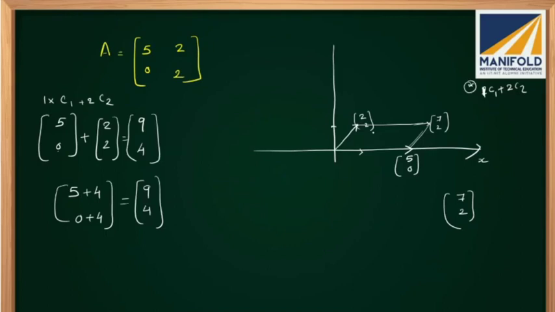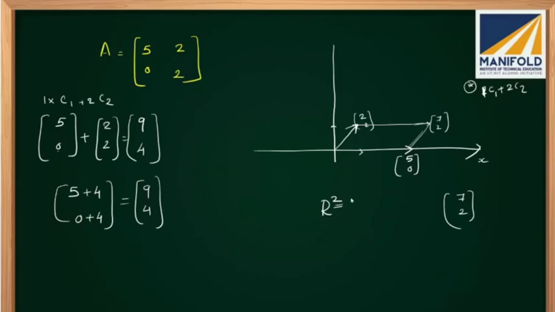It is very easy to understand once you know that different weighted sums of these two vectors will reach you to any particular point in this plane. That is the meaning of spanning a two-dimensional space. We generally say we span the R square space. This 2 is indicating the dimension. R square space means real space in two dimensions.